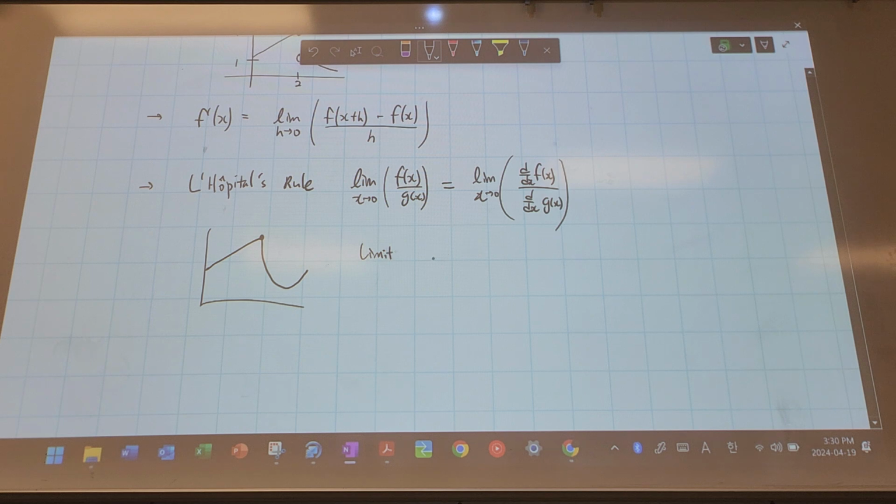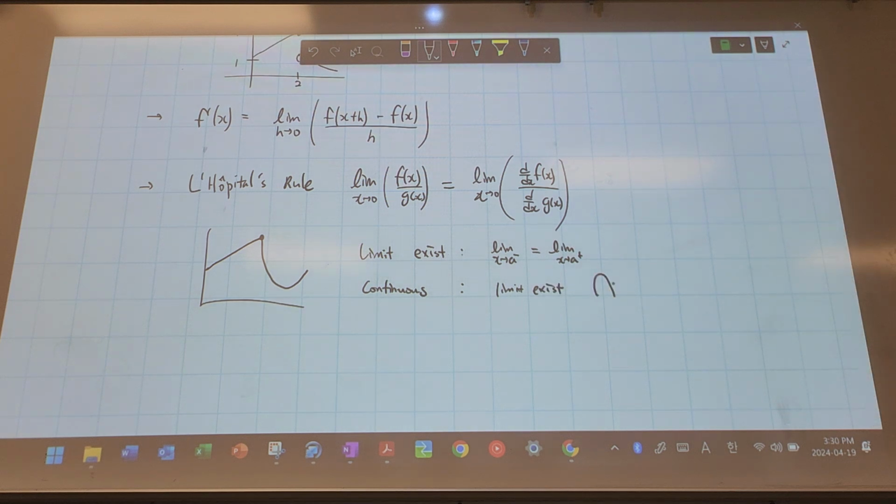The limit exists when the limit as x goes to a from the negative side is equal to the limit as x goes to a from the positive side. Right? And continuous is when the limit exists and f of a equals it.